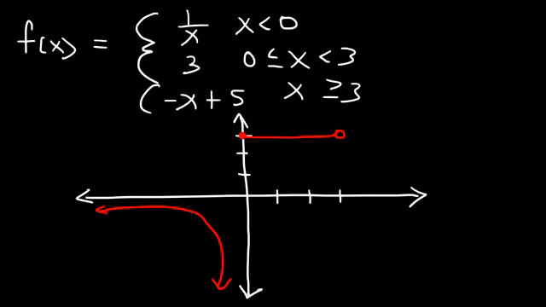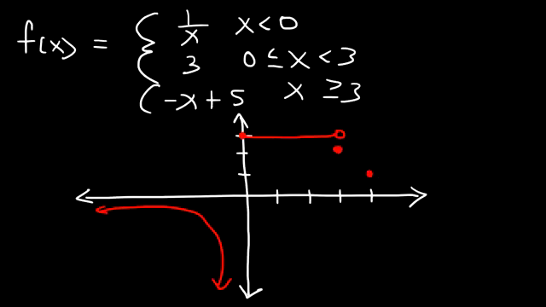Now when x is equal to or greater than 3, we have negative x plus 5. So if we plug in 3 into that expression, it's going to be negative 3 plus 5, which is 2. So we're going to have a closed circle at 3, 2. Now the next point, if we plug in 4, negative 4 plus 5 is 1.